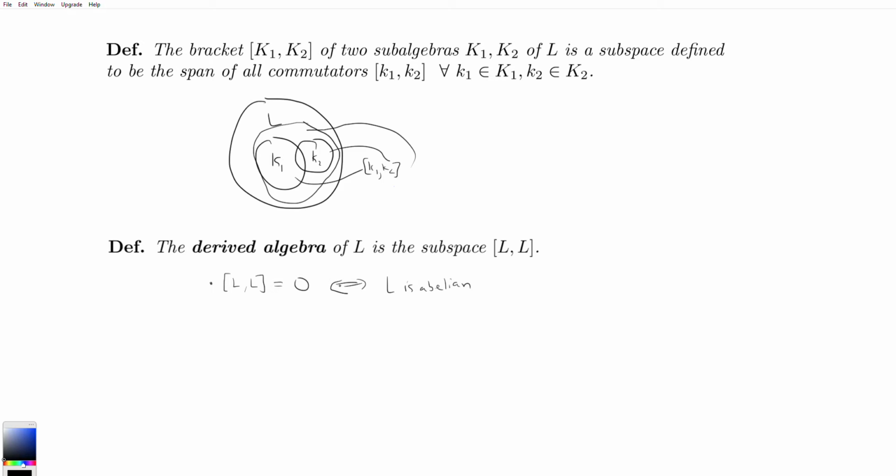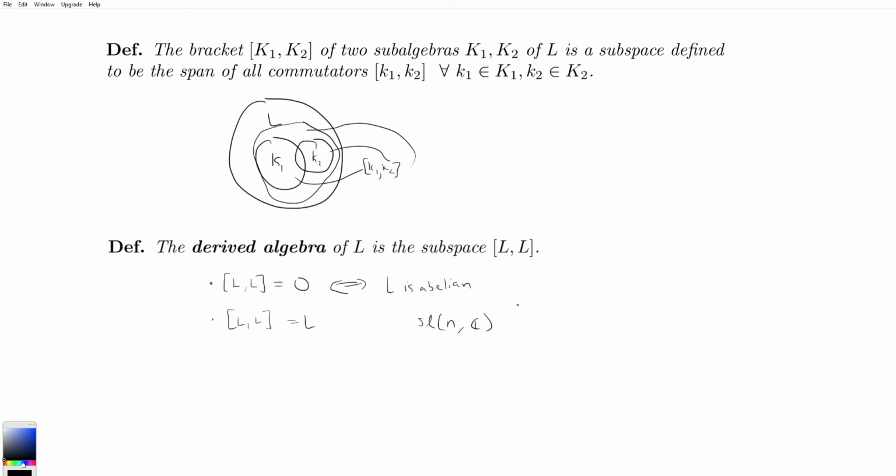So that's one case. The other extreme is if [L, L] is actually equal to L itself. Now there's no really if and only if here, well, you could concoct one, but an example of this would be sl_n(C), where n is some natural number, let's say greater than 2.